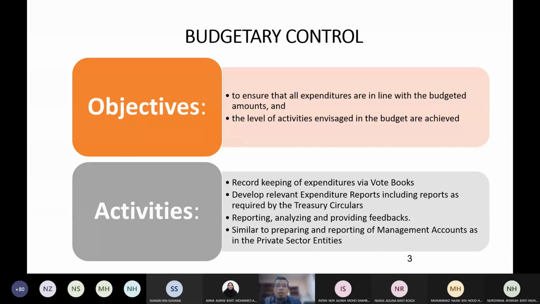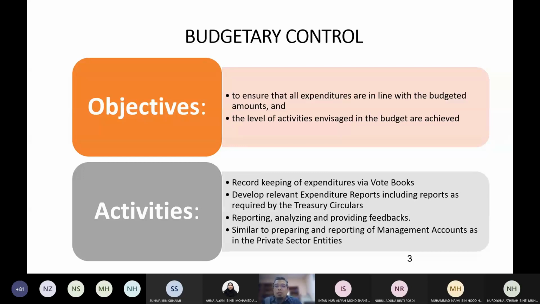Right, that's its objective. Then we look at budgetary control. What are the activities in budgetary control? Record keeping of expenditures via vote books. That's a very common term used. Instead of accounting record, double entry or general ledger, they don't call it general ledger for budgetary control.